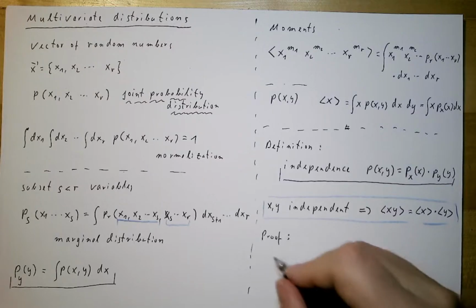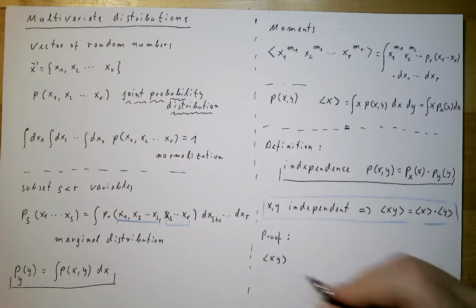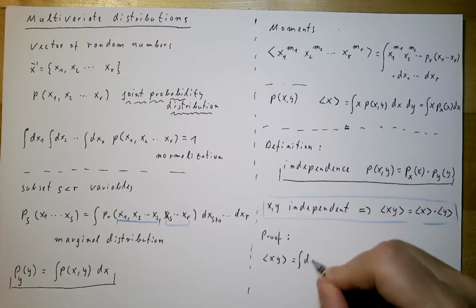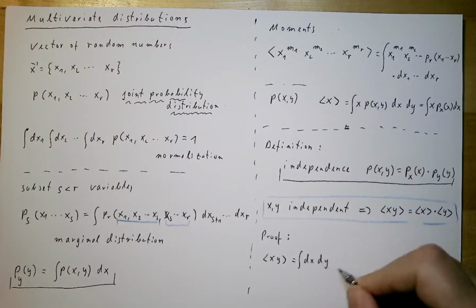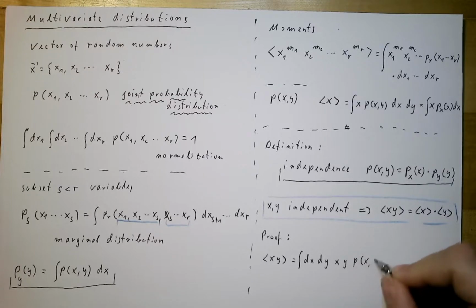So we just calculate this. So we calculate expectation xy. This is given as the integral dx, integral over dy, x times y, p of x, y.